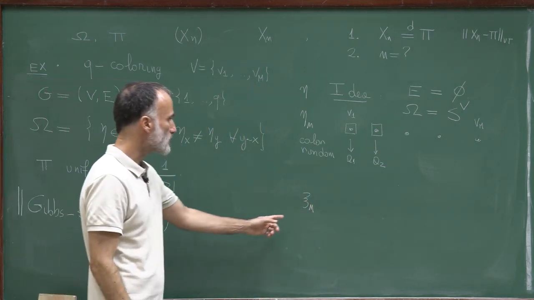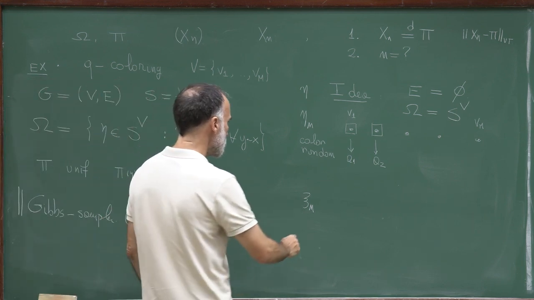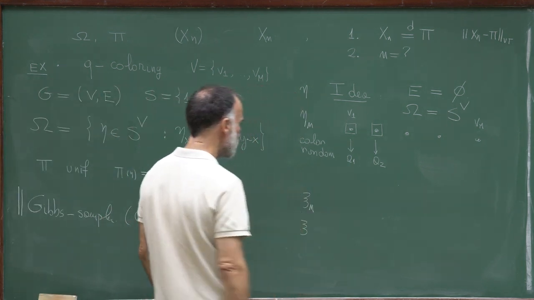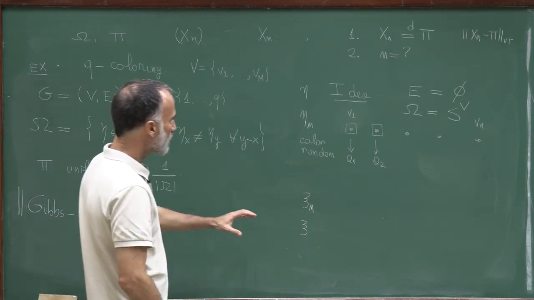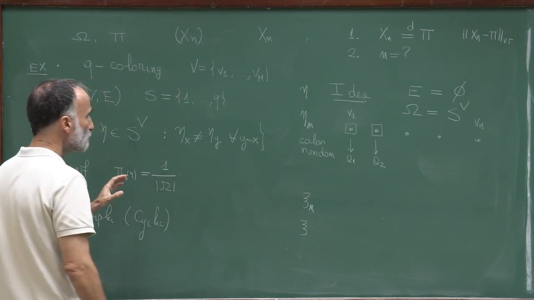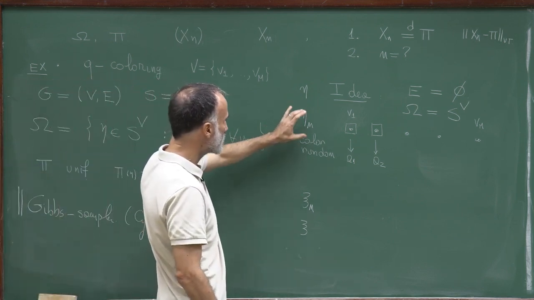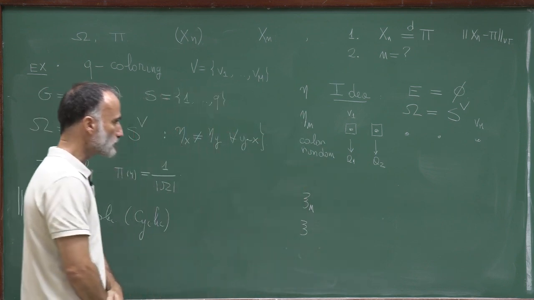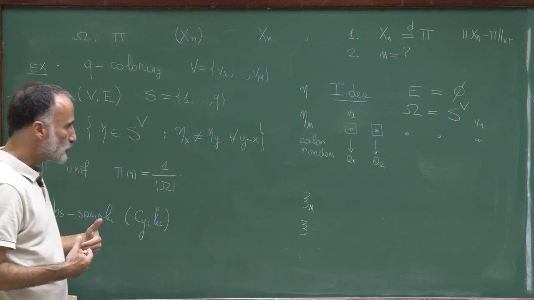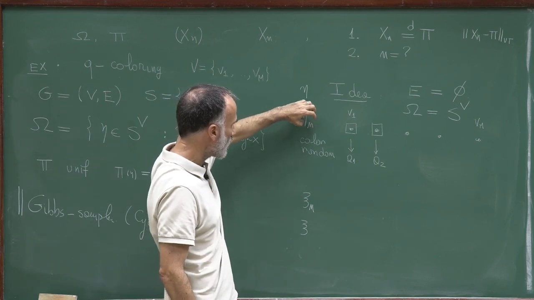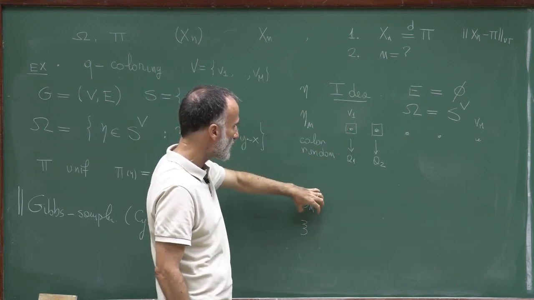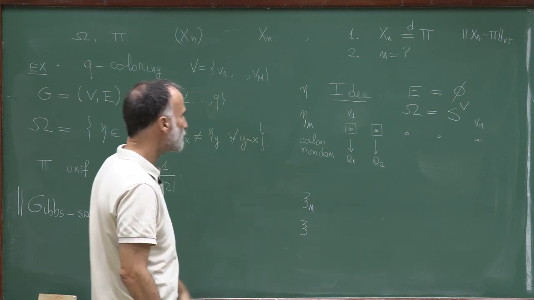It's also a cyclic Gibbs Sampler, but it starts from a configuration xi, which is different from eta. And what I want is to define a coupling. So now I want to consider the process (eta n, xi n). I want them to evolve together in such a way that if I look just at eta, I observe a Gibbs Sampler, and just at xi, I observe a Gibbs Sampler.